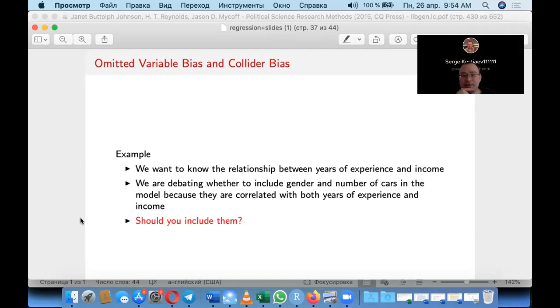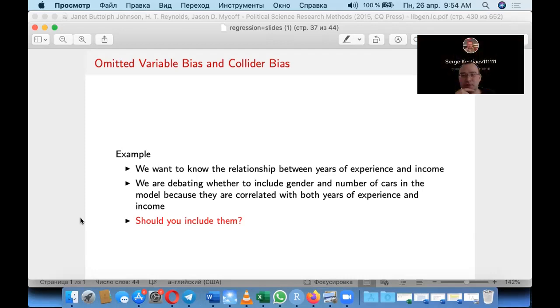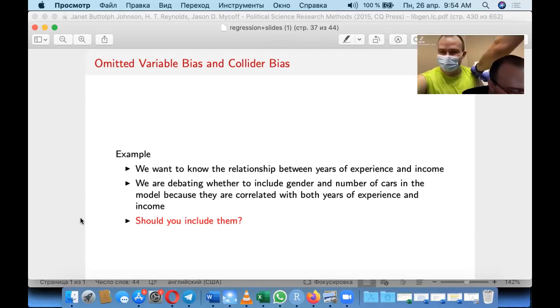The number of cars is a variable which is affected by income, right? So there is a high correlation between those two variables. Remember the situation about which we talked a few seconds ago. So when you are thinking about this particular problem, you probably will not include the number of cars in your model. Let's see.